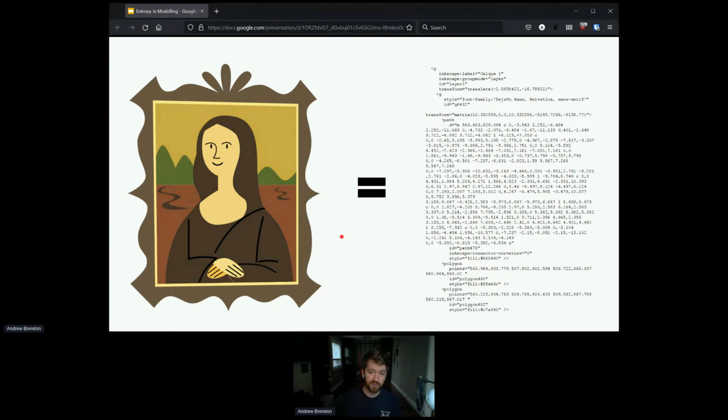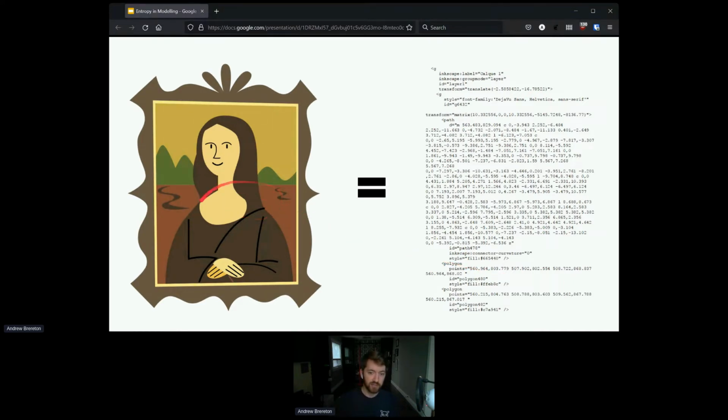Now, there are some small differences, because technically this is just pixels displayed on a screen, whereas this works at any scale because it's vector-based. But essentially, these are just two equivalent representations of the same information. However, the difference is when we look at this as a human being, we have a very, very hard time intuitively summarizing and understanding it.